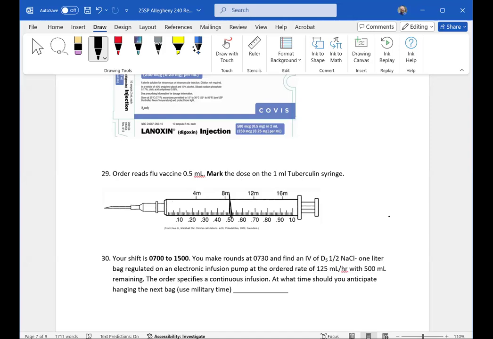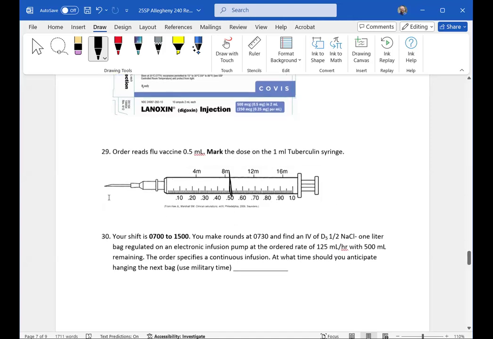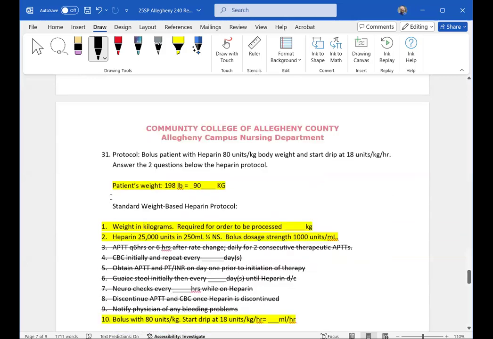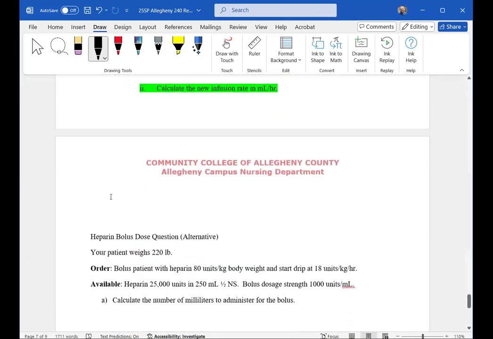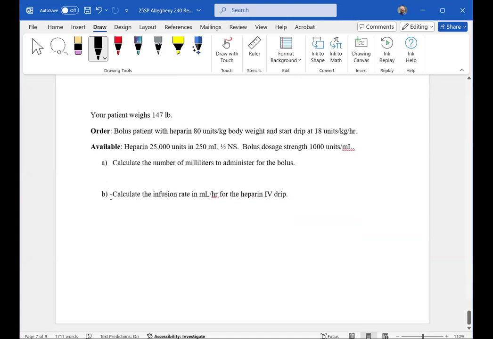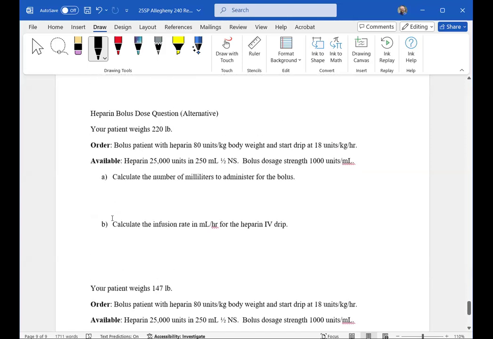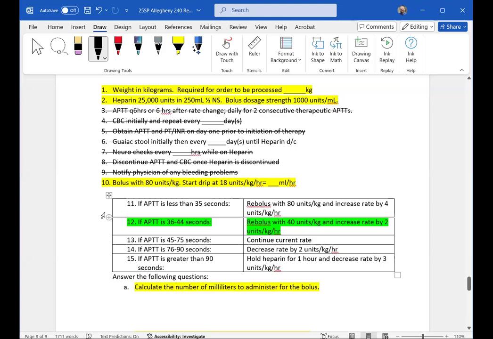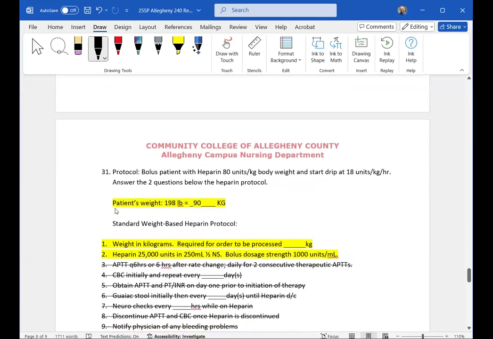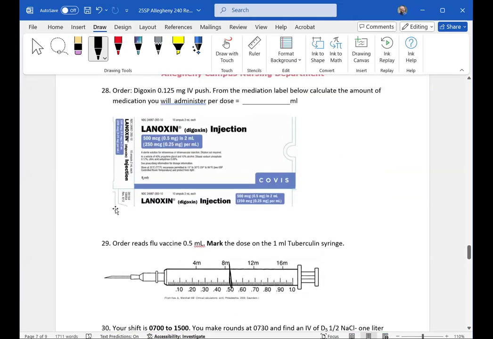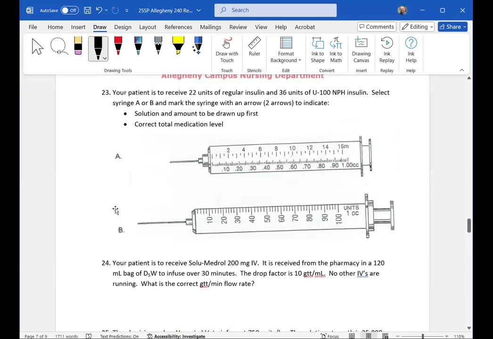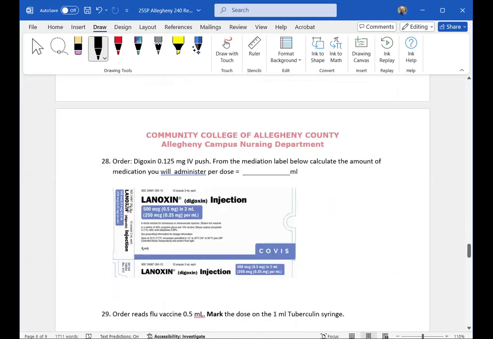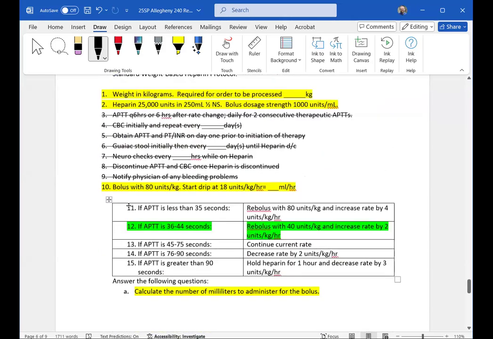All right. 33. If I can get to it. Oh wait, maybe I have a different set. This is the diltiazem. Let's see if I can find it. Maybe I don't have this. Yeah, that was the new one, they added 3, 4 questions in the last.